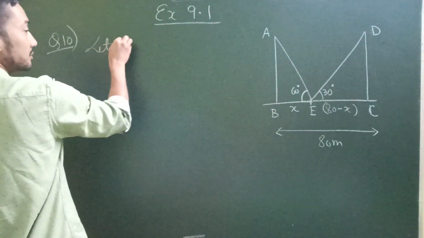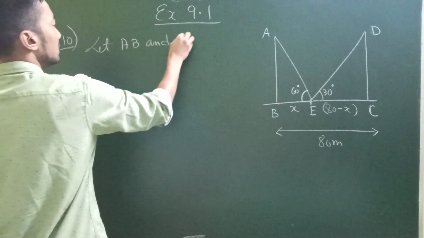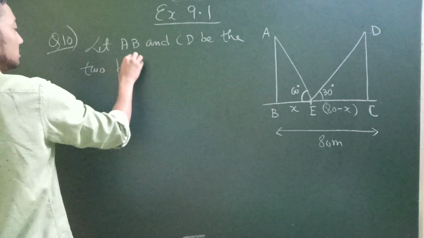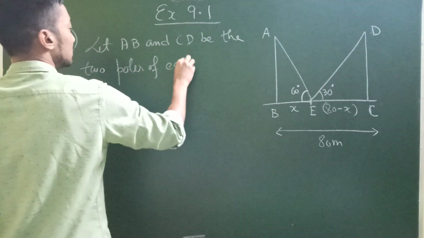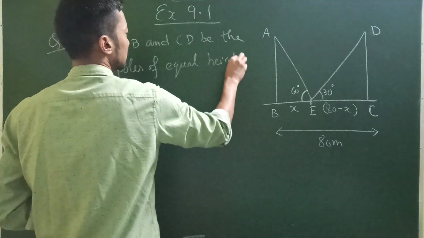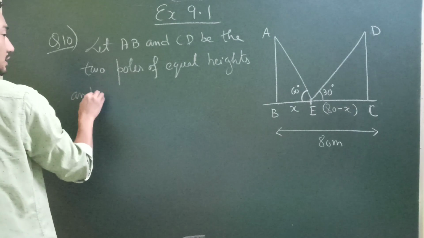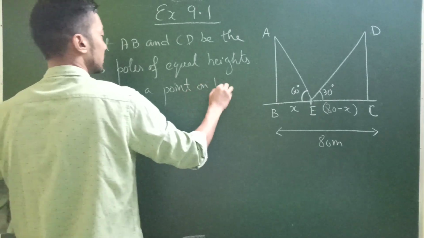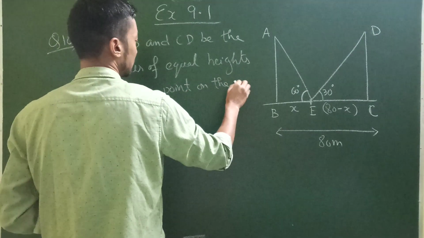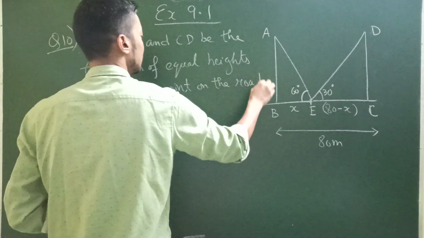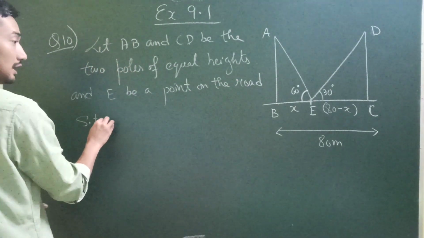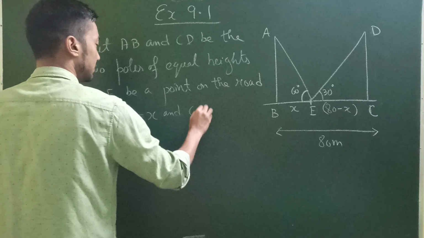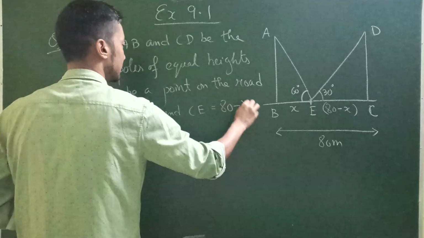So let AB and CD be the two poles of equal heights and E be a point on the road, such that BE equals x and CE equals 80 minus x.